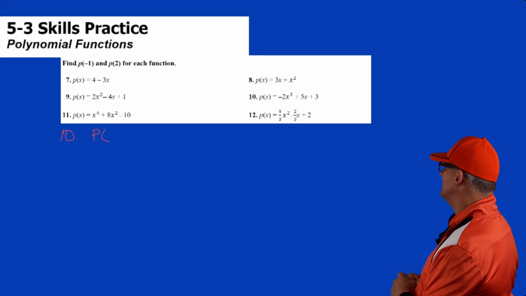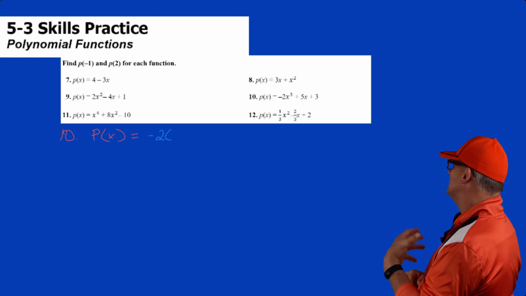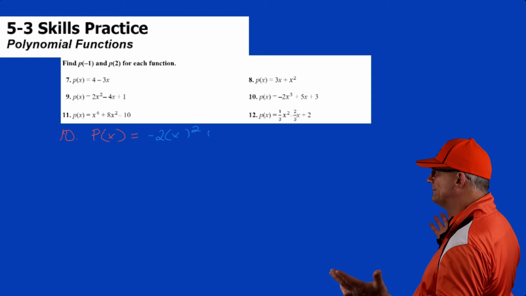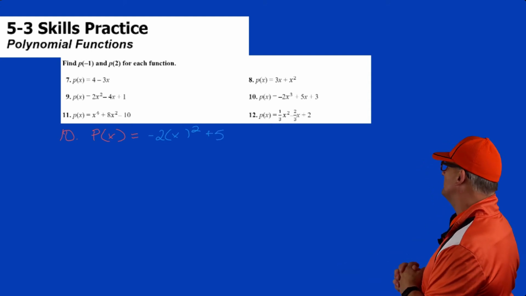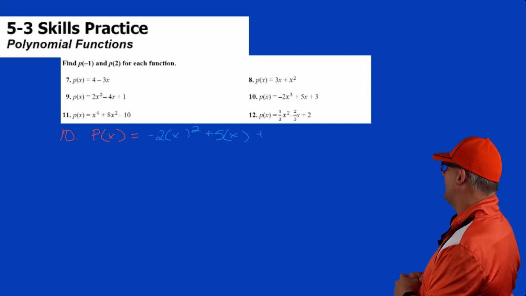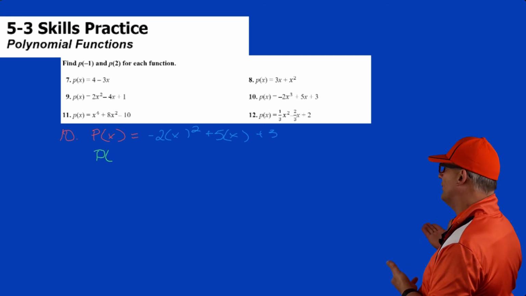So number 10, we have P of x equals negative 2x cubed plus 5x plus 3. Substitute in our negative 1 first. Same thing, open set of parentheses, plug in the values, do some simple math, right? So negative 2 times negative 1 cubed plus 5 times negative 1 plus 3.